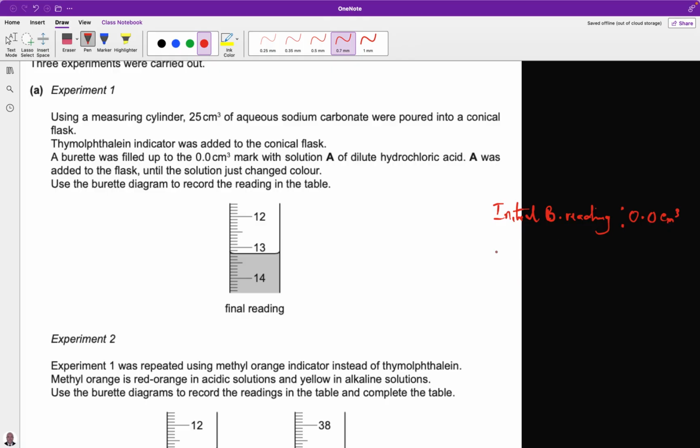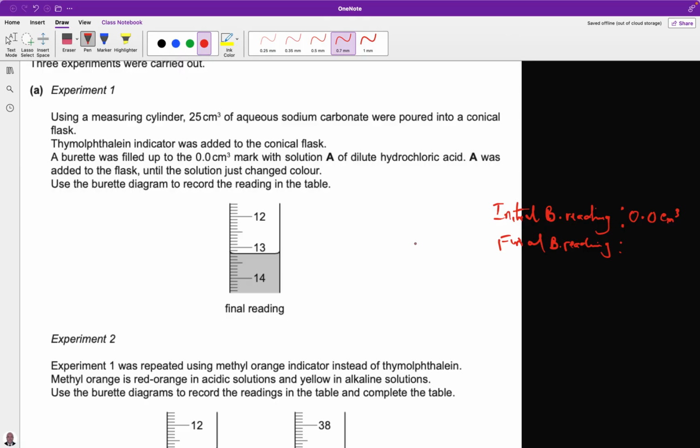Now, the final burette reading here will be what? Okay, you need to know the scales. The scale here shows 1, 2, 3, 4, 5, 6, 7, 8, 9, 10.